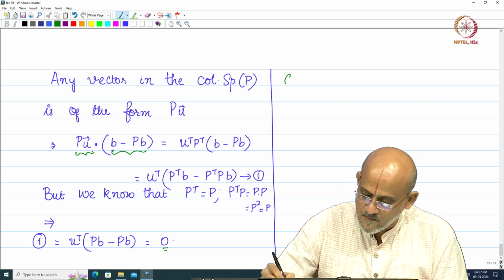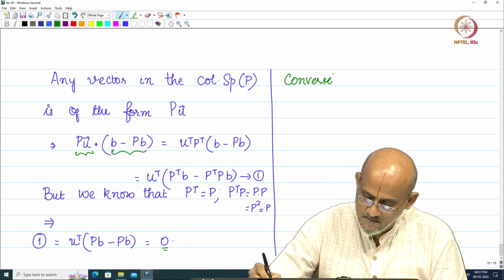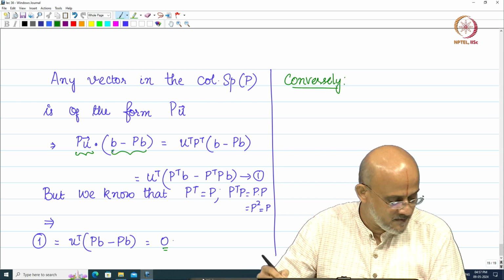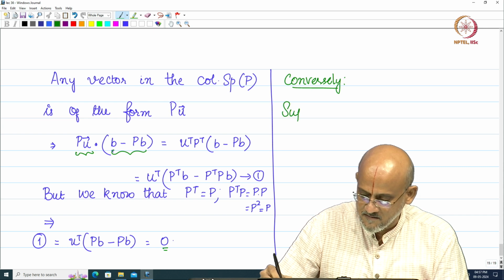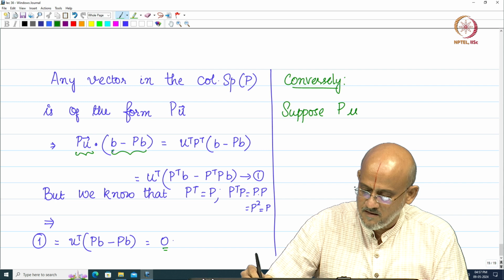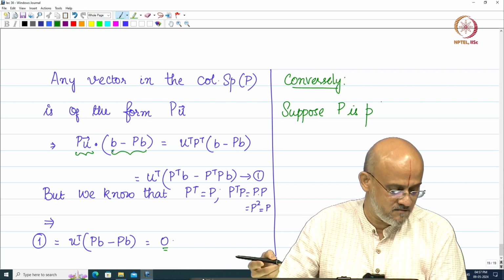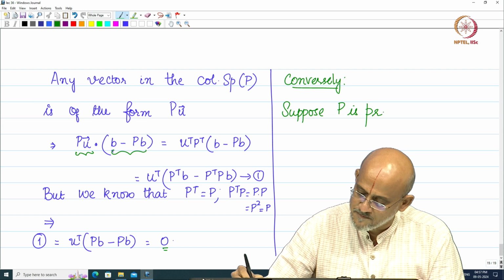Now let us look at the converse. Conversely, what do we have? Suppose P is a projection matrix, then we need to prove that P square is equal to P and P transpose is P. Suppose P is a projection matrix.